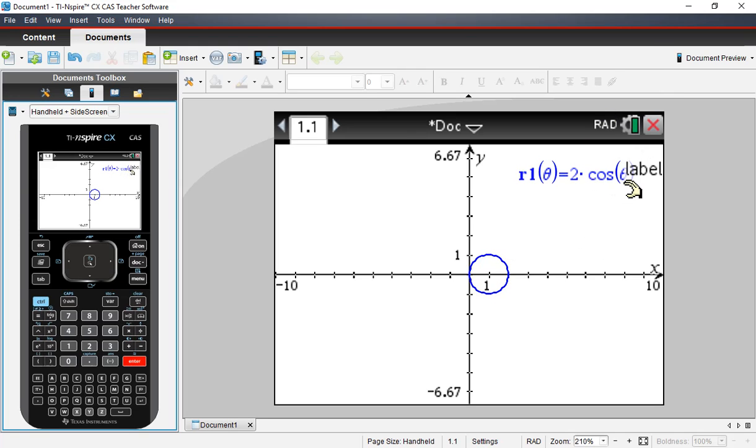It's 2 all the way across because when you plug in a 0 right here for an angle measure of 0, you would get 2 times 1. So that's why the intersection point is 2 here. Alright.